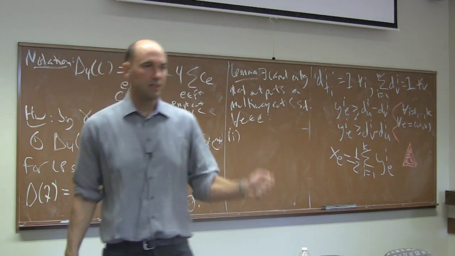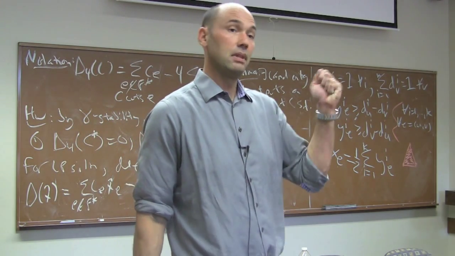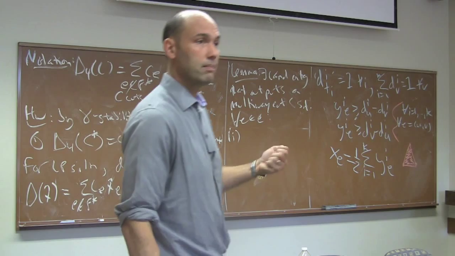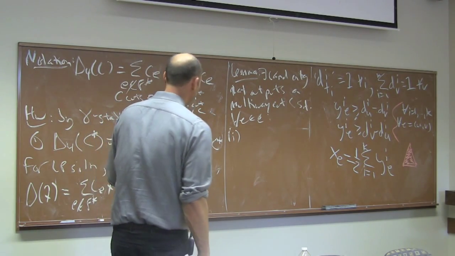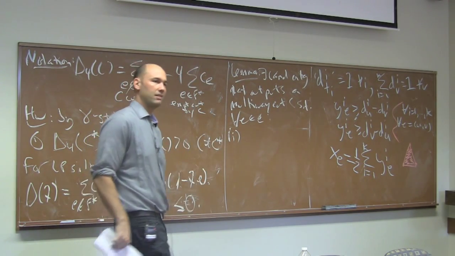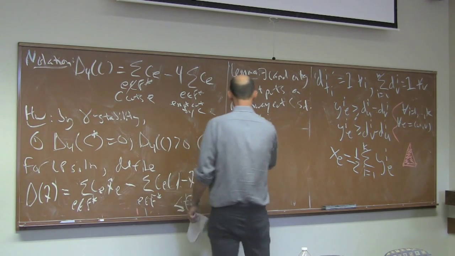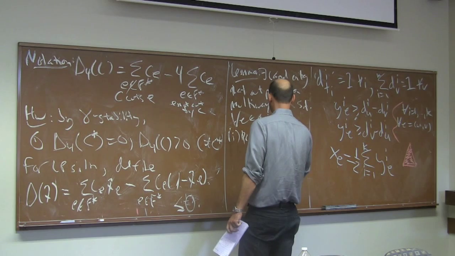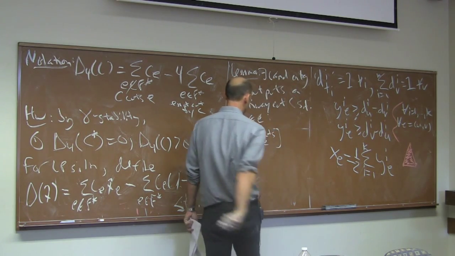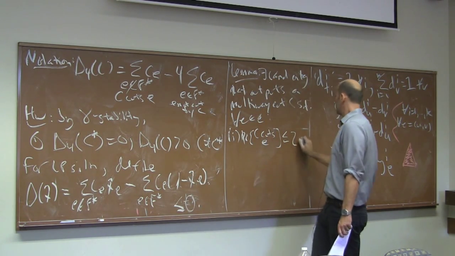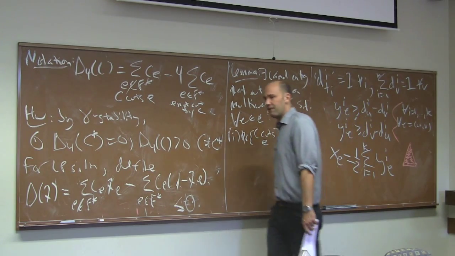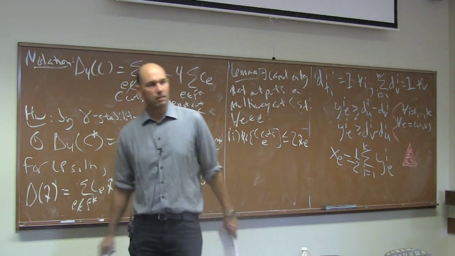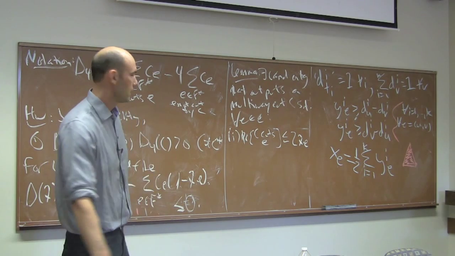The probability that you cut the edge is exactly x hat e, and therefore the probability that you don't cut an edge is exactly 1 minus x hat e. So we're just going to have versions of both of those statements that are off by a factor 2. The probability that C cuts e, which before equaled x hat e, will now be bounded above by 2 times x hat e. So it might be more, but only twice as big.